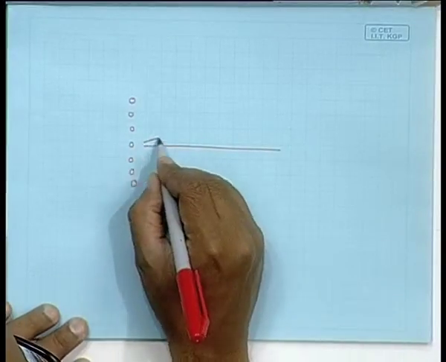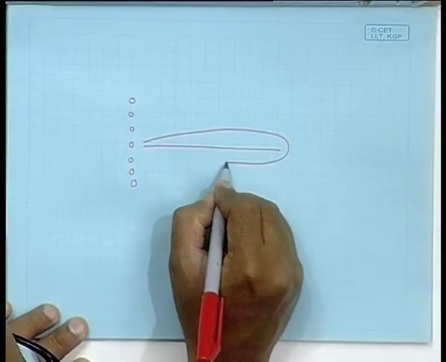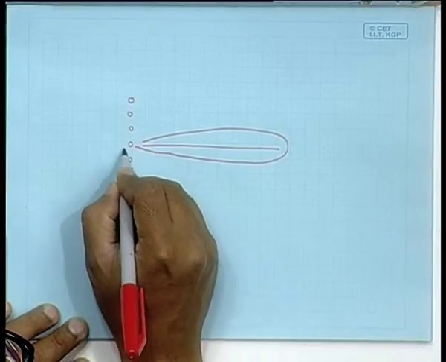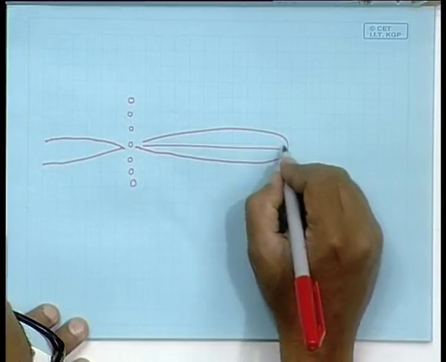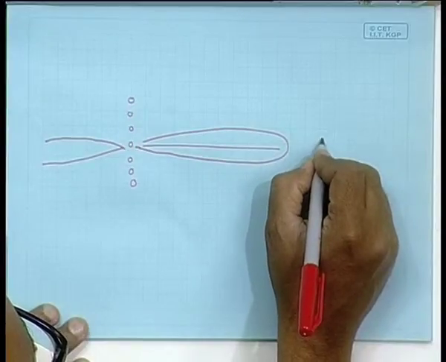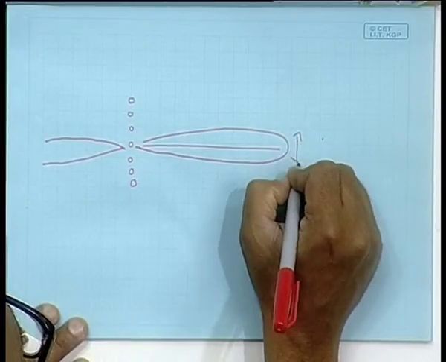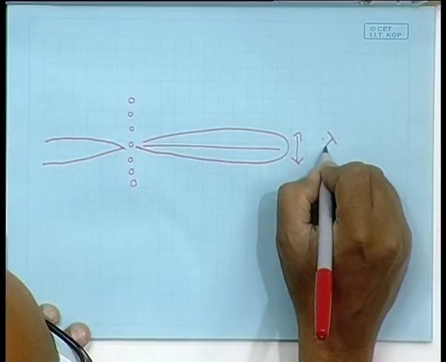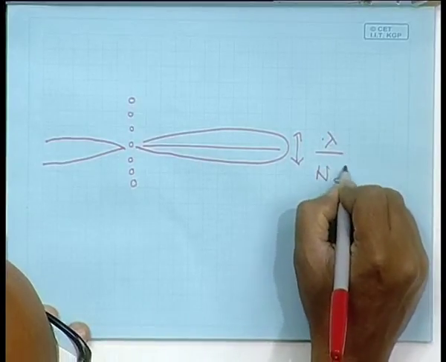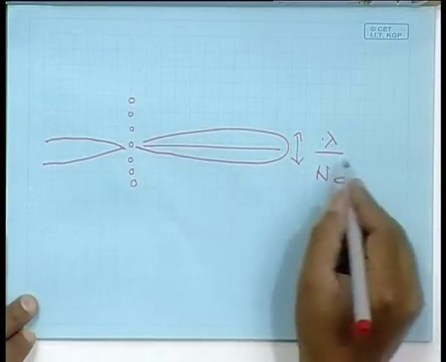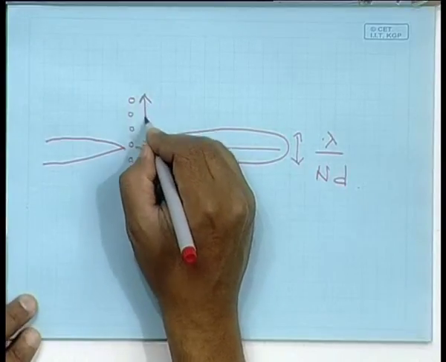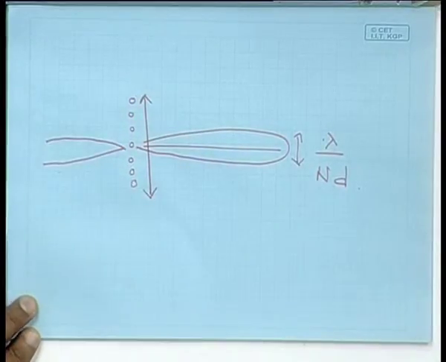So, it emits most of the radiation in either the forward direction or the backward direction, and in this particular case it is towards the angle theta equal to 0, and it has a width in angle. The width is lambda by n d, where d is the spacing and n is the number of dipoles in the array. In this case, this n d is actually the total length spanned by this chain of oscillators.